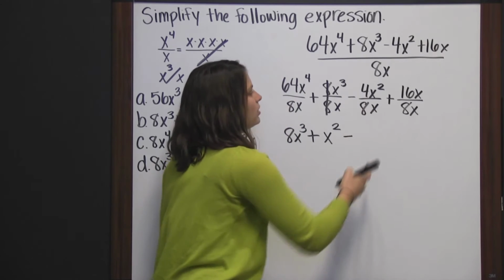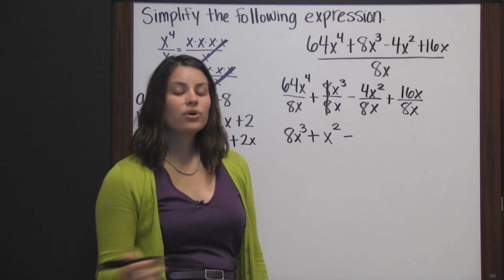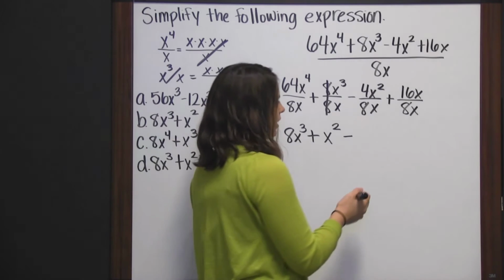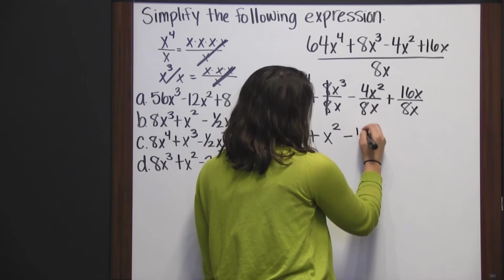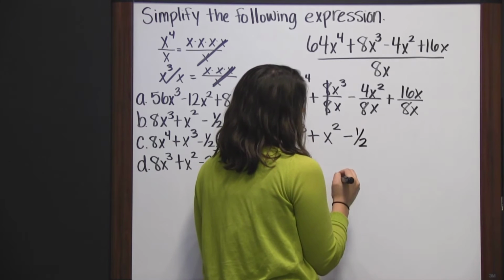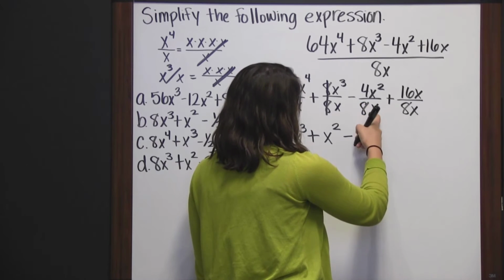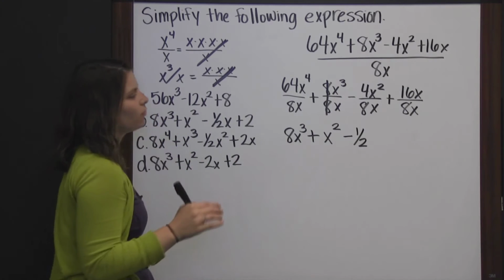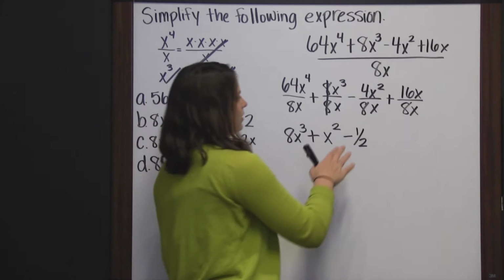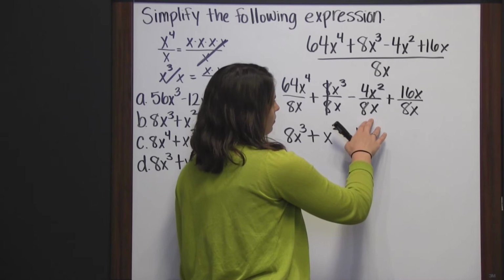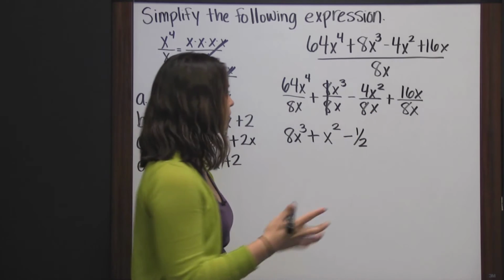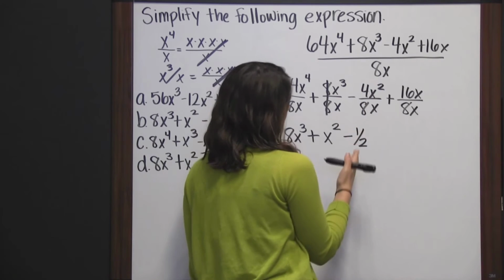Minus 4 divided by 8. 4 can't really be divided by 8, but we can simplify 4/8 as 1/2. And then x squared divided by x. You may have noticed from these two examples before that when we divide at all, what we're doing is subtracting the exponents.